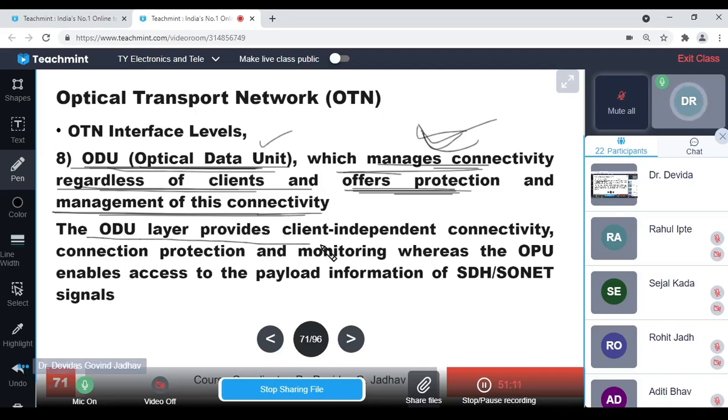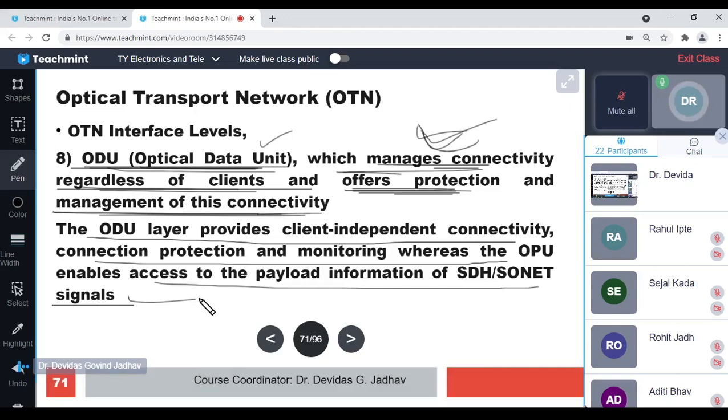The ODU layer provides client independent connectivity, connection protection, and monitoring, whereas the OPU enables access to the payload information of SDH and SONET signals. So ODU is looking after establishing the connectivity, that is routing, then connection protection and monitoring, that is supervising.